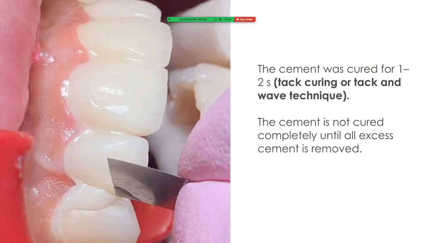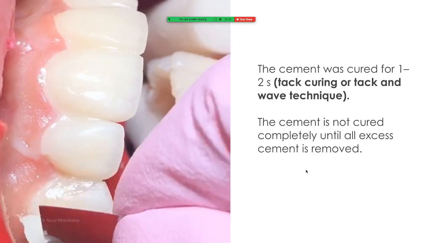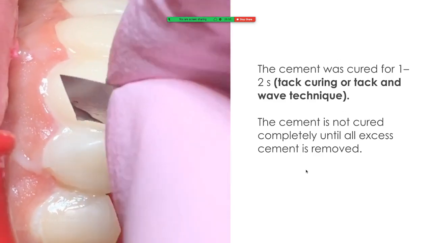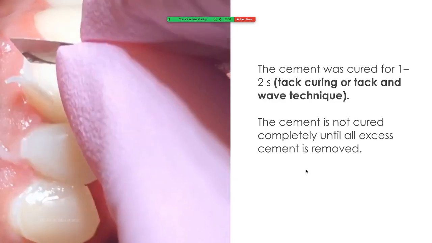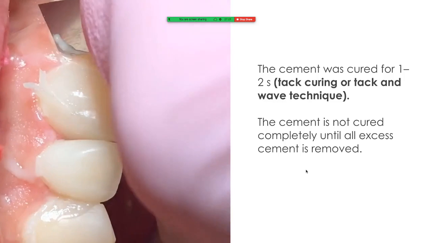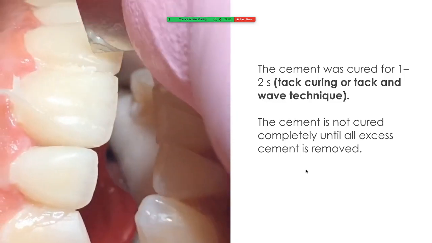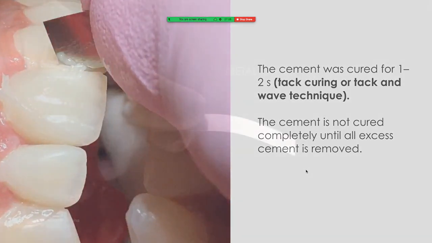And then we can see the cement was cured for 1 to 2 seconds by tack curing or the tack wave technique. The cement is not cured completely until the excess cement is removed. You have to remove all the excess cement by matrix, metal matrix, blade, dental floss, however you feel comfortable.